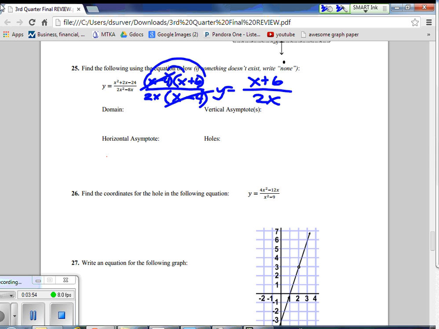So the domain for this guy, all reals except x cannot be 0 because of that. And x cannot be 4 because of that. Does that look right to you? I think it's right. Now there's a question. Do you still have a question? All right, let's move on.